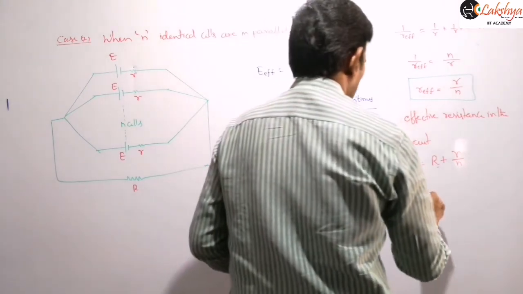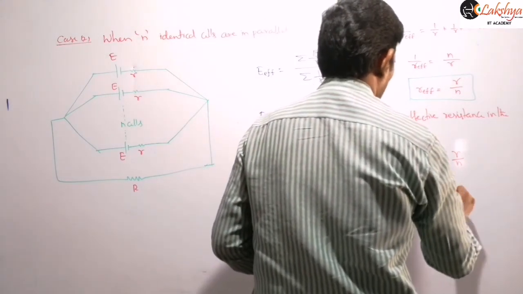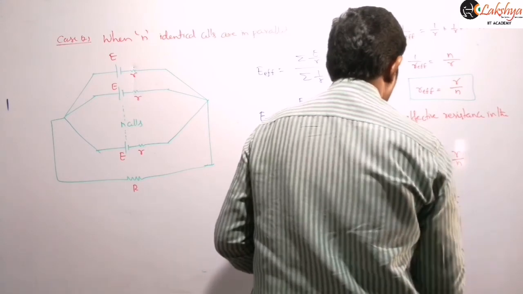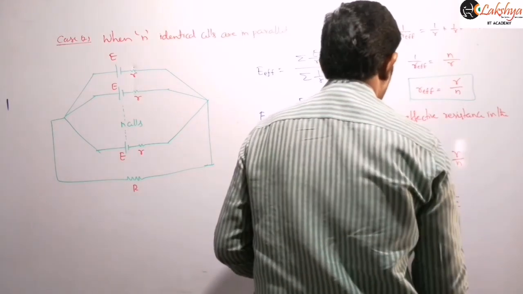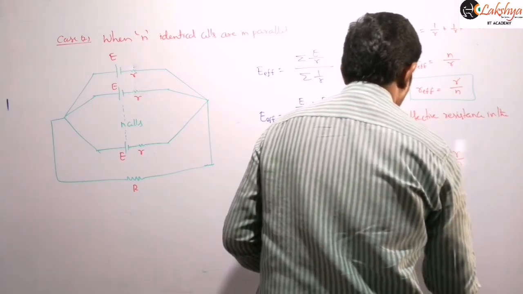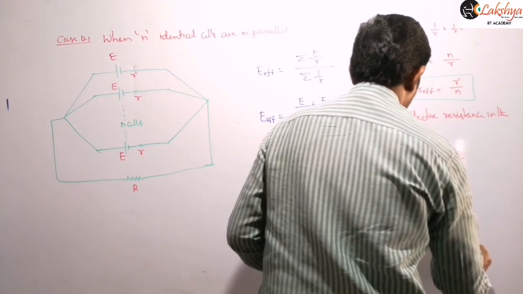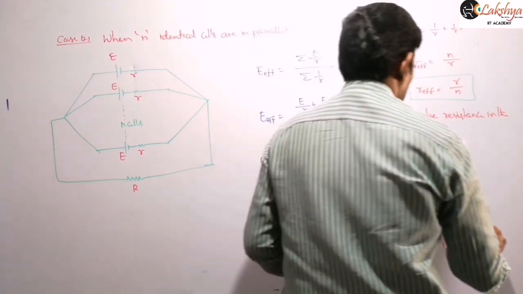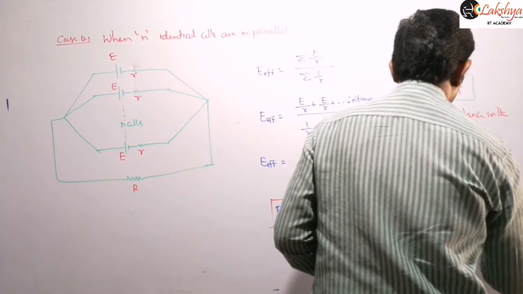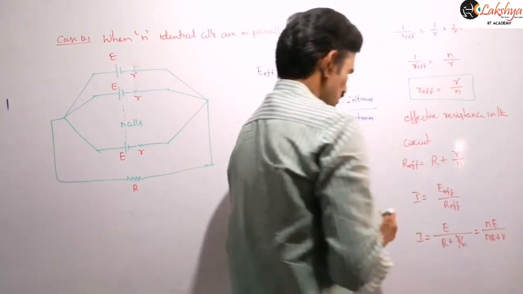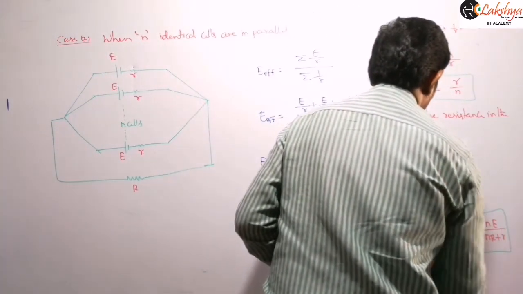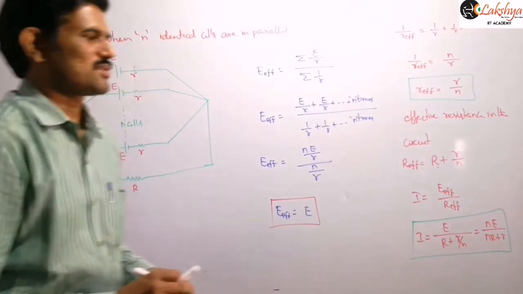So current in the circuit I is equal to E effective by R effective. Therefore this current we can write as E by R plus r by n, or which you can also express as nE by nR plus r. So this is our effective current, current flowing through the circuit.